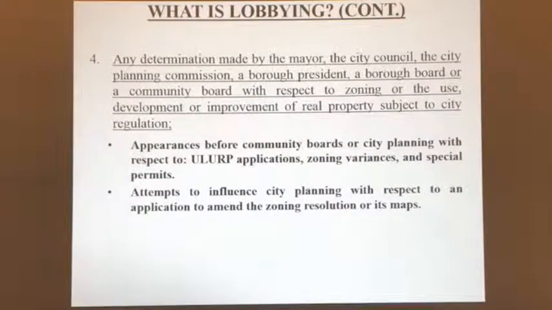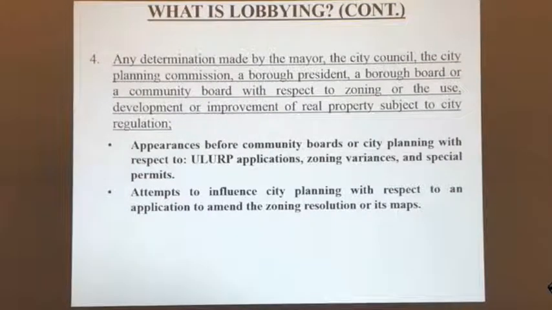It outlines which government officials and it outlines what it's with respect to. So, mayor, any attempts to influence any determinations made by the mayor, the city council, the city planning commission, a borough president, a borough board, or a community board with respect to zoning or the use, development, or improvement of real property, which is subject to city regulation.